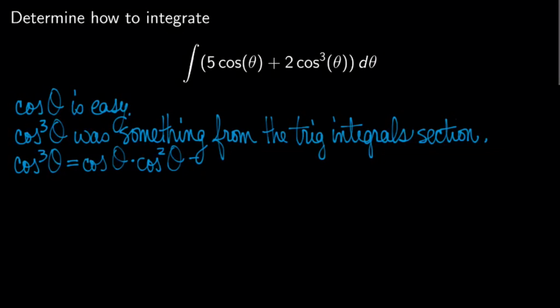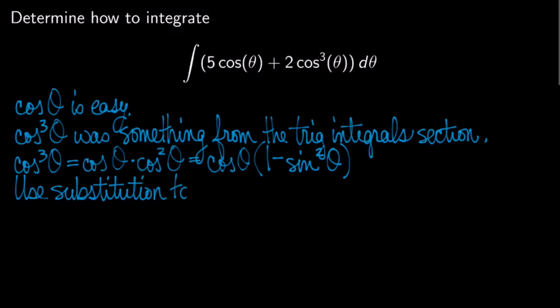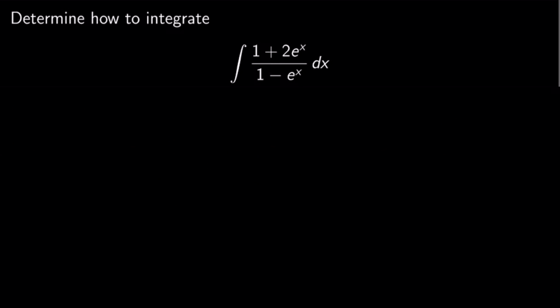And then you take this cos squared theta and rewrite it as 1 minus sine squared theta, using that identity that sine squared plus cos squared equals 1. And this is great because you will be able to use substitution to finish this integral.